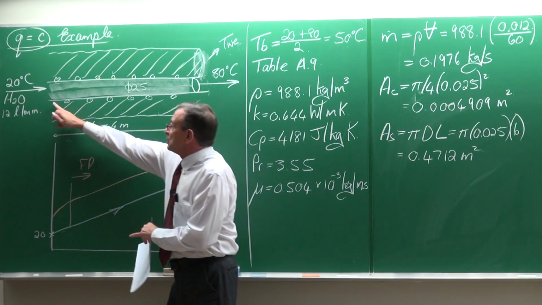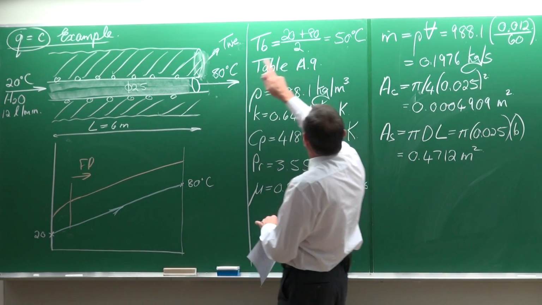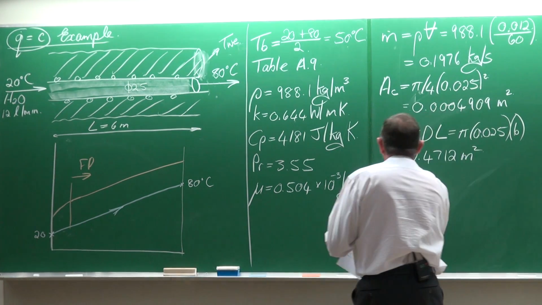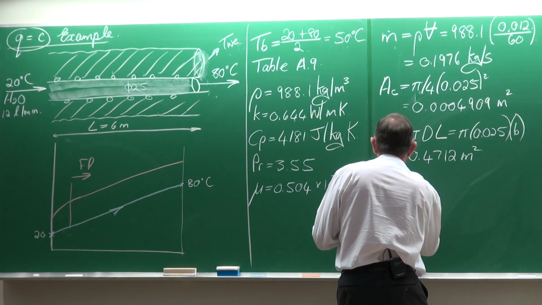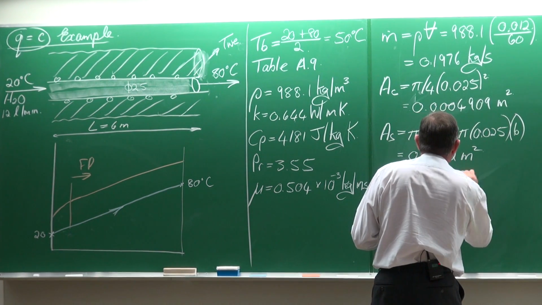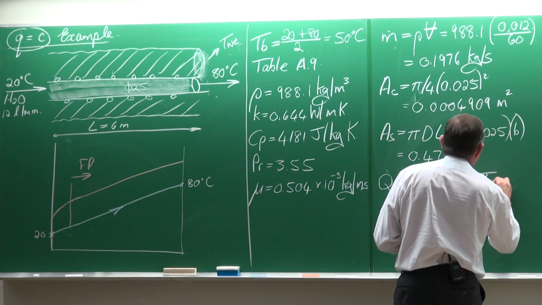We've got the inlet temperature, we've got the outlet temperature, we have the mass flow rate, and we've got the CP. So it is very easy to determine the heat transfer rate, which is equal to the mass flow rate, the CP, multiplied by the outlet temperature minus the inlet temperature.